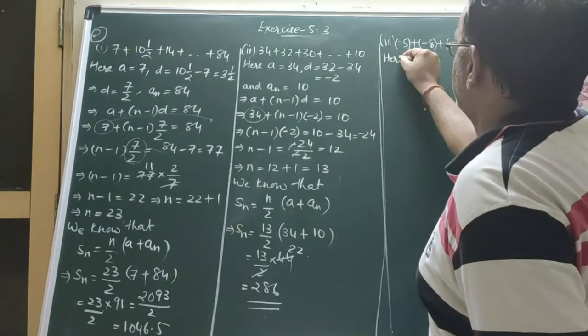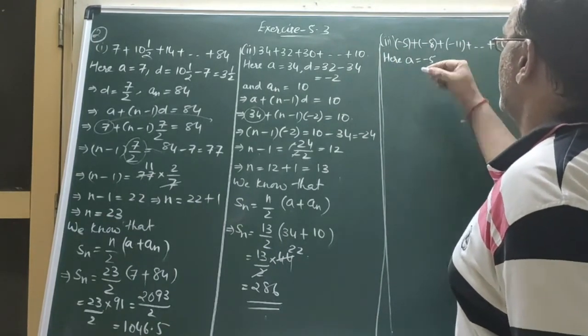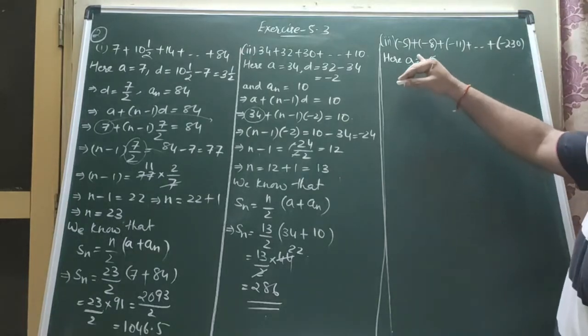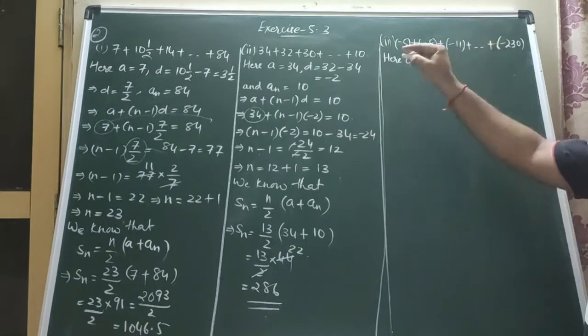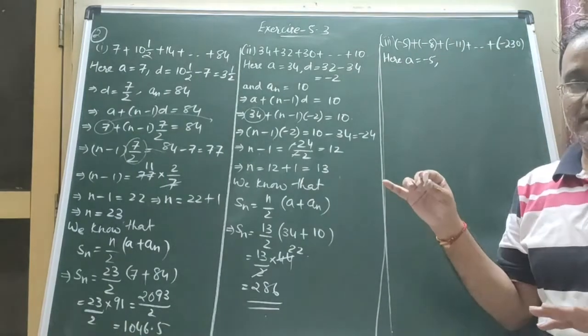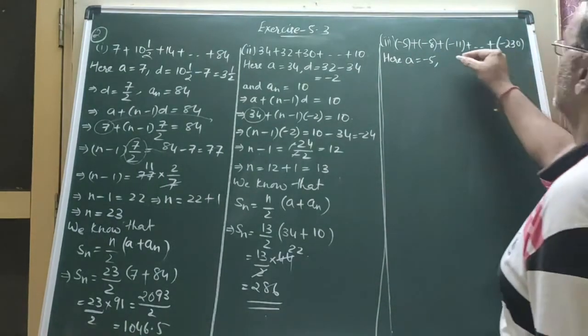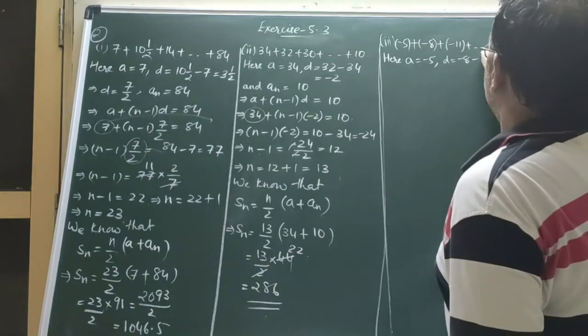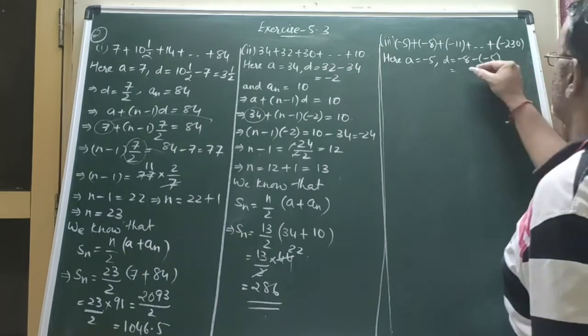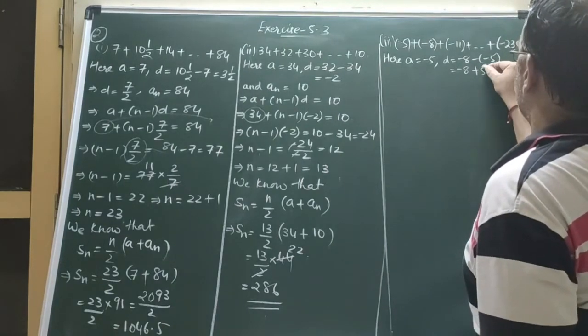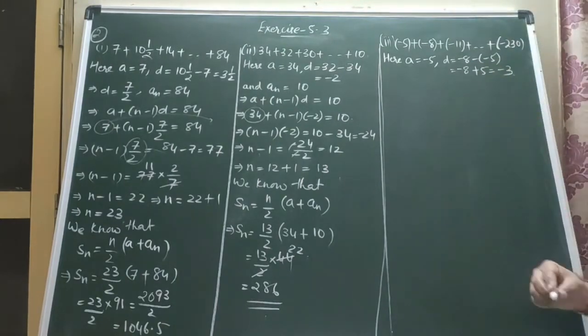So here the first term is minus 5. अब ये जो decreasing order में है, this is in decreasing order, so the sign of these negative. So second term minus first term. So minus minus this will become plus. So minus 8 plus 5 will be minus 3.